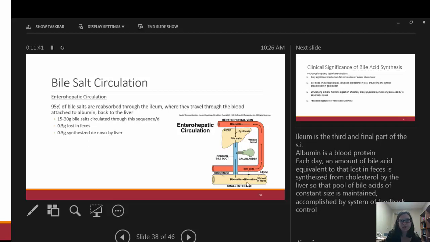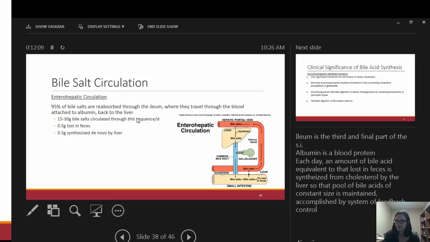So it's absorbed in the ileum, absorbed back into our bloodstream, attached to albumin, and then they go back into the liver. So this is our enterohepatic circulation of bile salts. About 15 to 30 grams of bile salts are circulated in this sequence each day. About 0.5 grams are lost in the feces, and about 0.5 grams are synthesized endogenously in the liver.